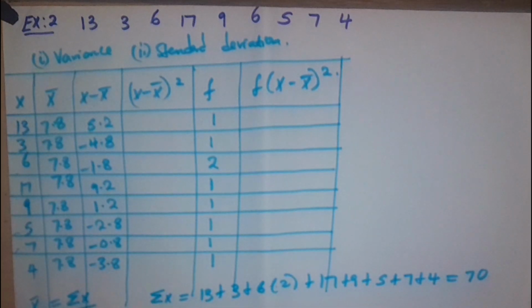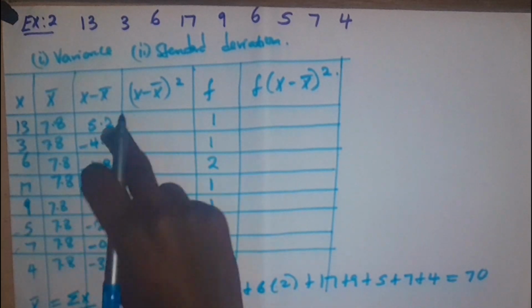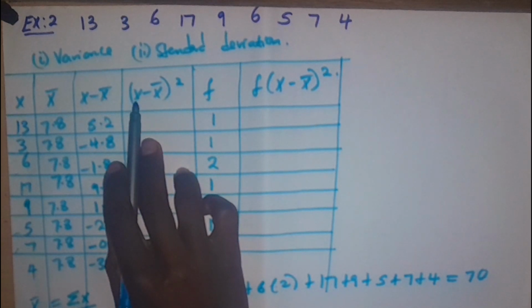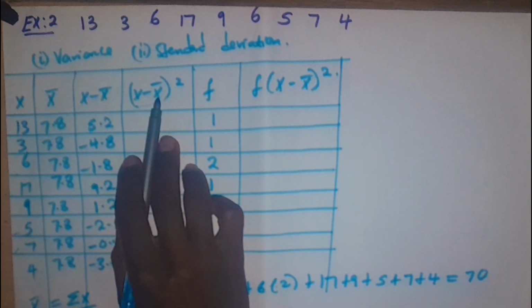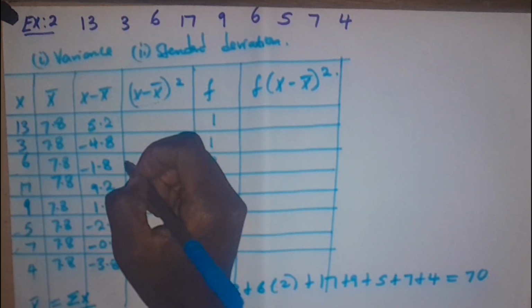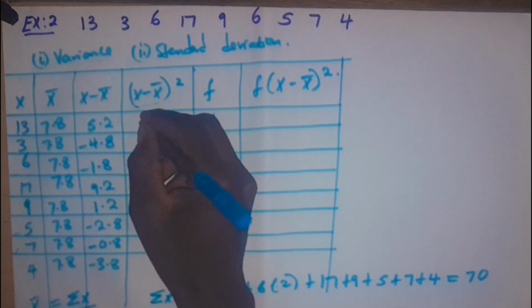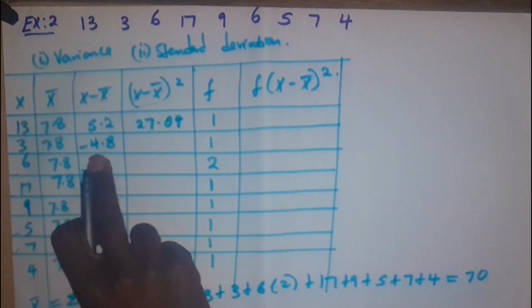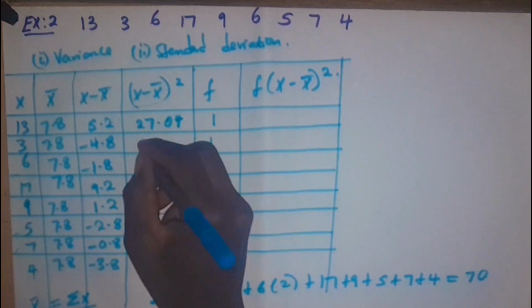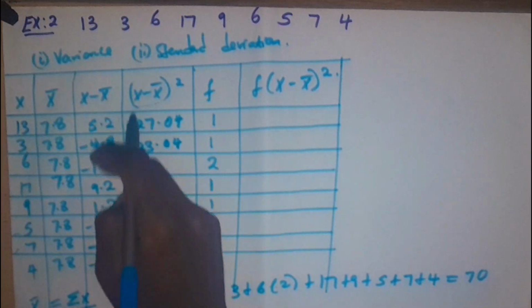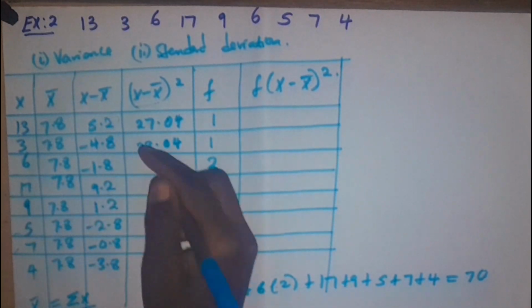After that, we need to square the answers we got here, because the column says each data point minus the mean all squared. So we're squaring the values. 5.2 squared is 27.04, and then negative 4.8 squared is 23.04. We repeat squaring each value in the column.